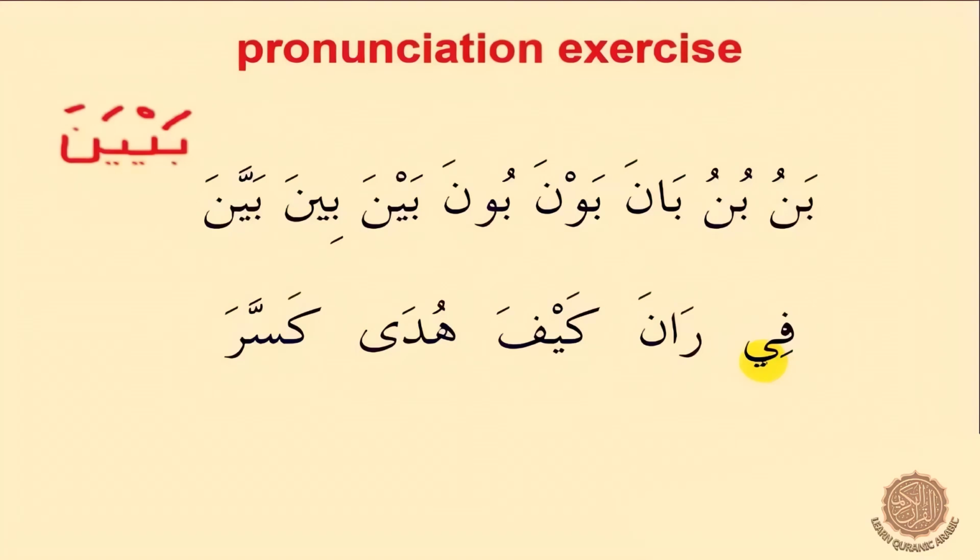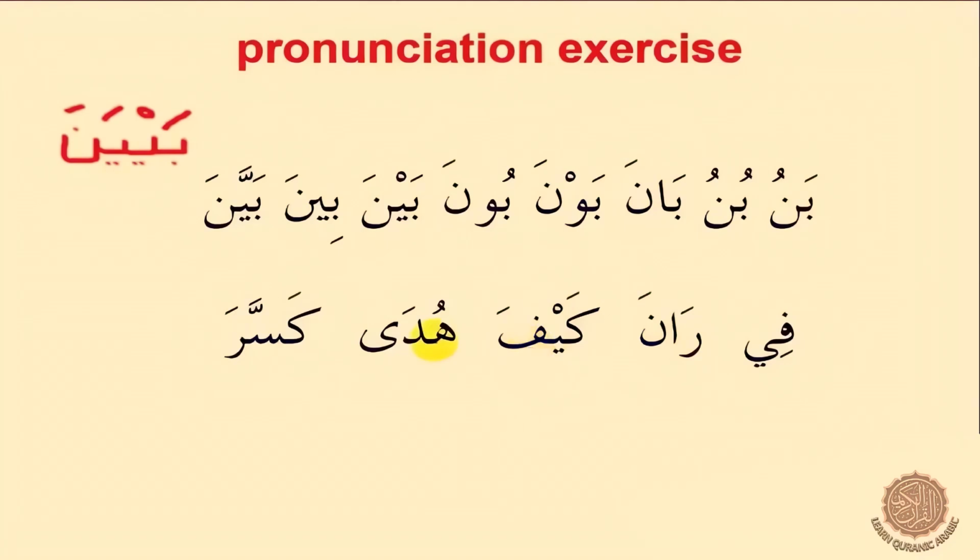Okay, next we have, and notice here the long vowel as well, rana. And rana is a verb which means to cover in dirt or rust. Next word is kayfa. Kayfa means how. So for example, if we meet somebody and say, kayfa haluka, how are you?